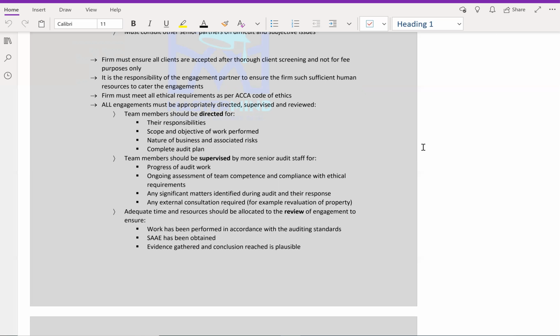Sufficient appropriate audit evidence has been gathered. We know what sufficiency is, we know what appropriateness is. We've studied this. Evidence gathered and conclusion reached should be plausible. So your evidence and the conclusion that you're reaching, the opinion that you're forming, should make sense. They should corroborate each other rather than contradict.